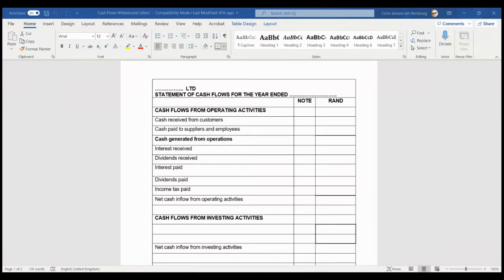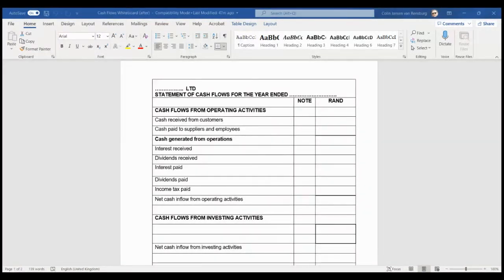In other words, the amount of money that landed in our bank account because of interest income. So there's a link between interest income and interest received, but they are not necessarily identical, because interest income has been derived by using the accrual system.